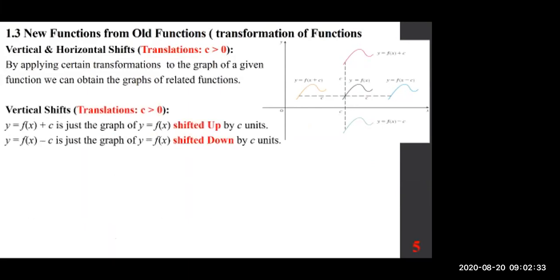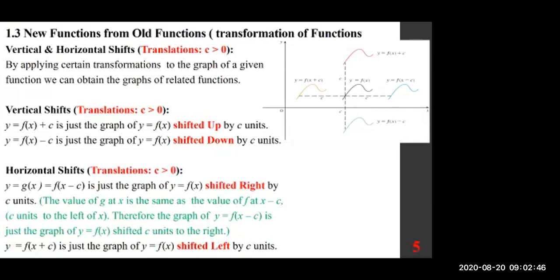First, the vertical translation, basically f of x plus c. That means if you have the function f of x, it shifts up by c units, and f of x minus c shifts down by c units. In the case of f of x minus c, it shifts to the right by c units. We are assuming c is positive, class, to make this easier to understand. And if it's f of x plus c, it shifts to the left by c units.